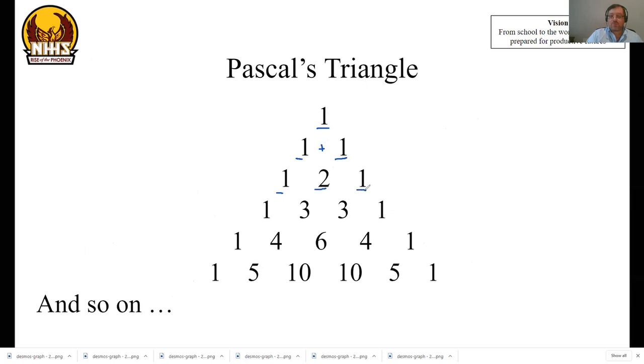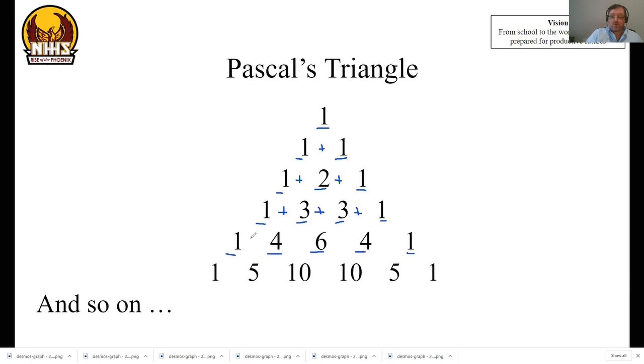Leave my 1. 1's on the outside. 1 plus 2 gives me 3. 2 plus 1 gives me 3. Bring the 1 down. 1 plus 3 gives me 4. 3 plus 3 gives me 6. 3 plus 1 gives me 4. And bring down the 1.